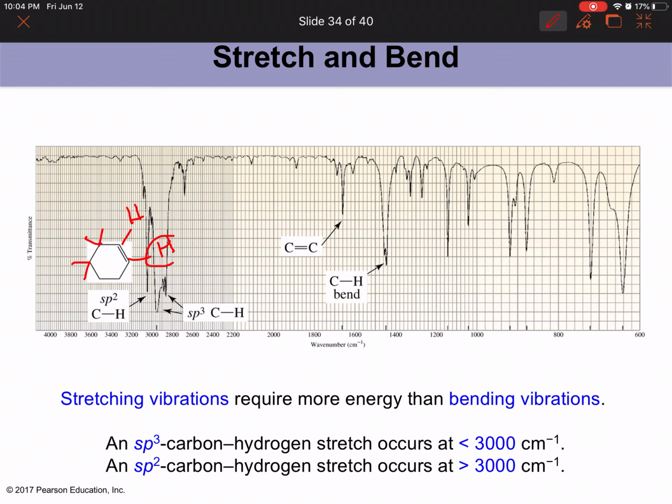This hydrogen is attached to an sp2 carbon, and this also is attached to an sp2 carbon. So you can see there is a little band right there, and that is due to the sp2 carbon-hydrogen stretch. And then this over here is due to these carbon-hydrogens, because that is the sp3 carbon-hydrogen stretch.